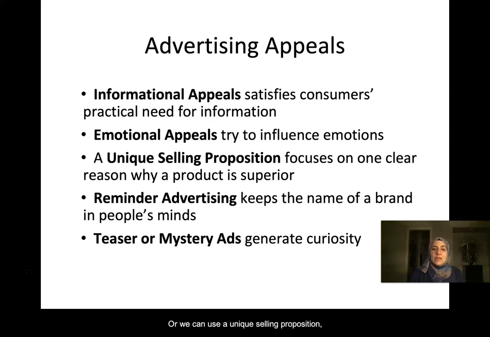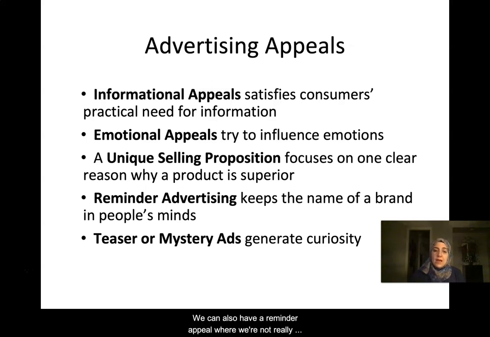Or we can use a unique selling proposition, which is not just giving lots and lots of information, but focusing on one clear reason why our product is better than any of the competition.